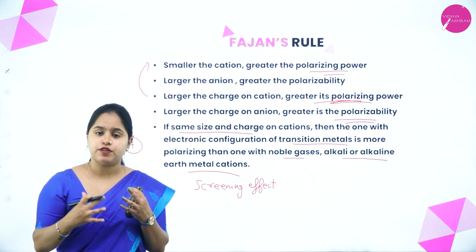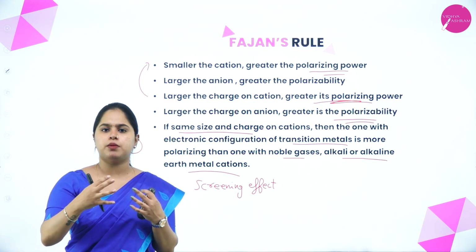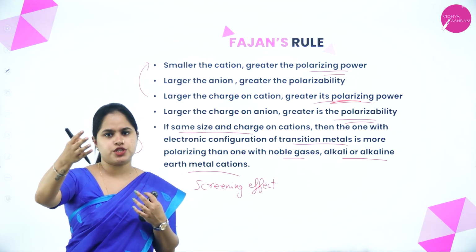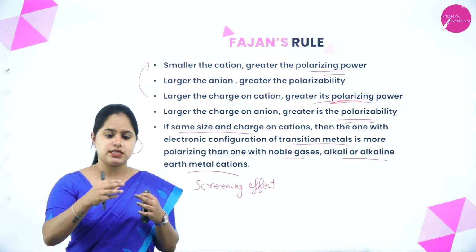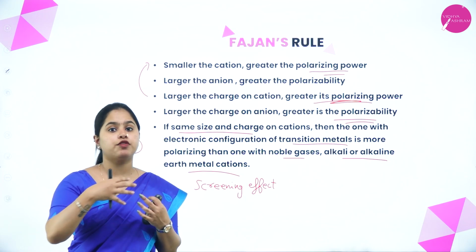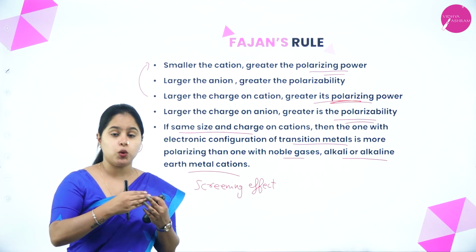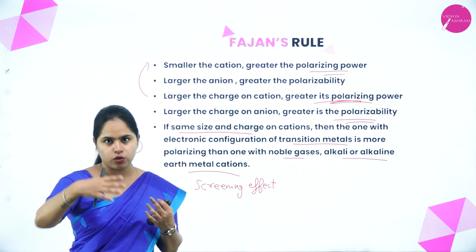The screening effect is less means the other inner electrons present will not be able to screen the outermost electron in a good way. That means the attraction between them will be very high, right? If the screening effect is more, the inner electrons do not allow the nucleus to give its full attraction to the outermost electrons.